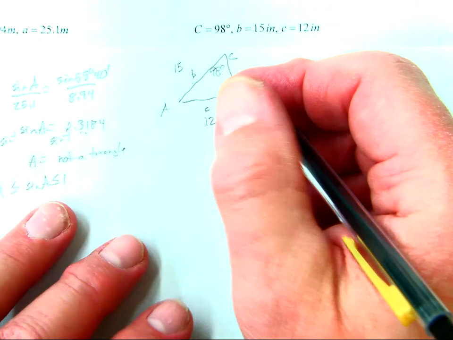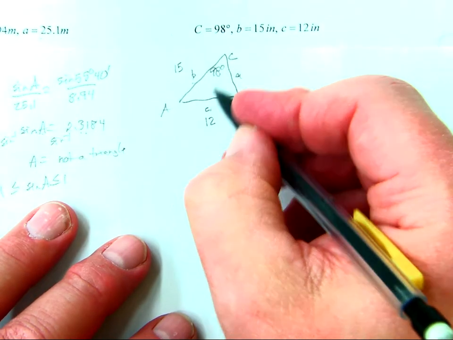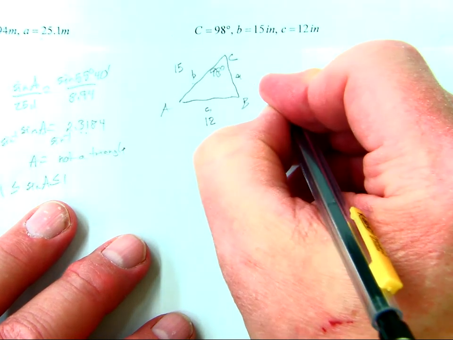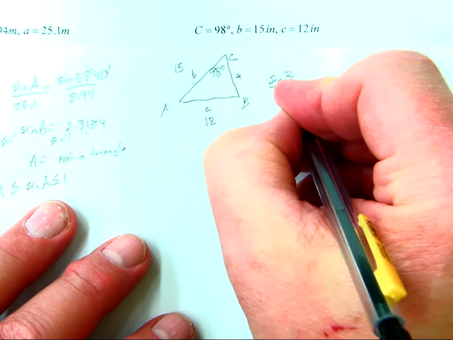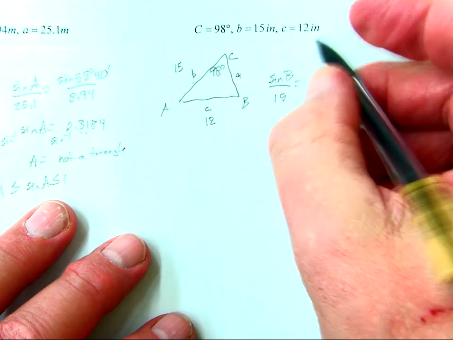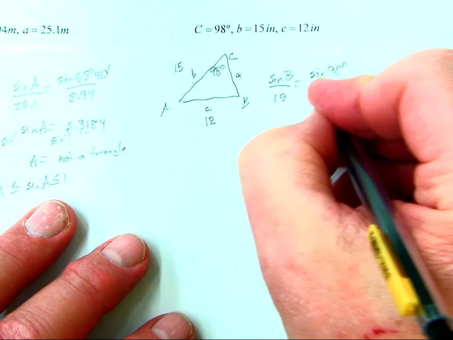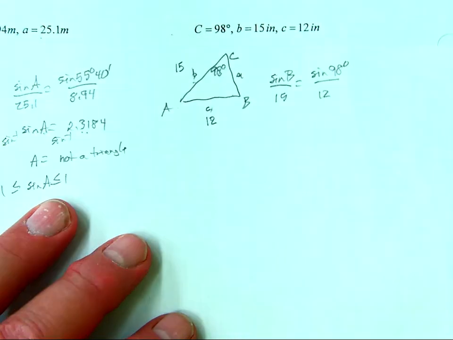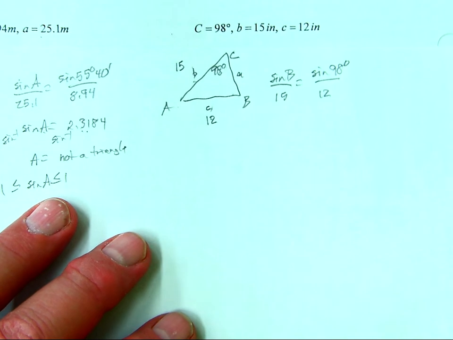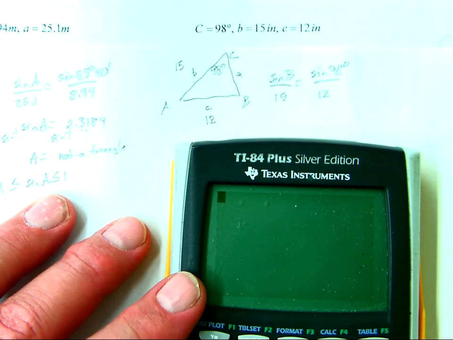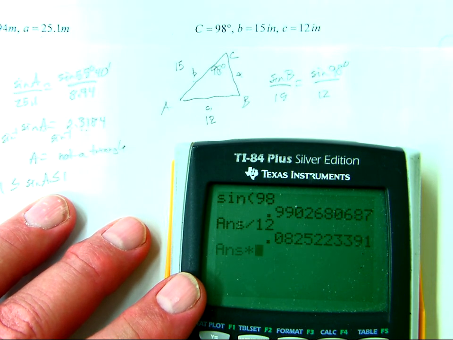If we start to find this, we have a pair of opposites, side C and angle C. We're given side B, so if we want to find angle B, we say the sine of angle B over its opposite side equals the sine of angle C, which is 98, over its opposite side. Now if we use our calculator, we take the sine of 98 divided by 12 and multiply that by 15.